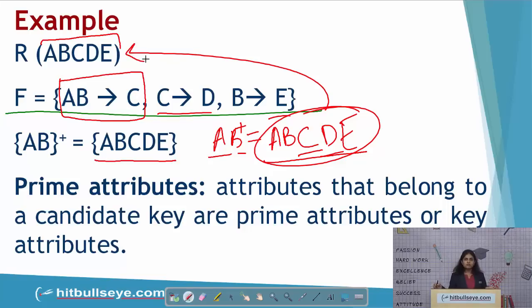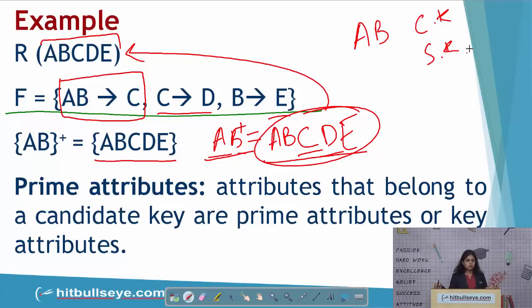So, if the closure of certain attributes represents all the other attributes of the relation, then we call it a candidate key or a super key. So we can say that AB is a candidate key or super key. Now we need to understand what the prime attributes are.